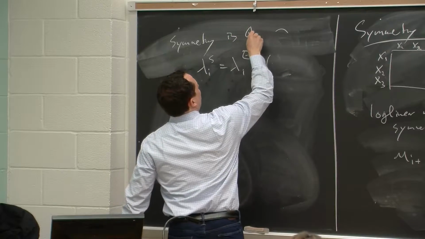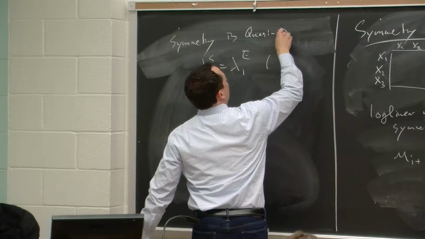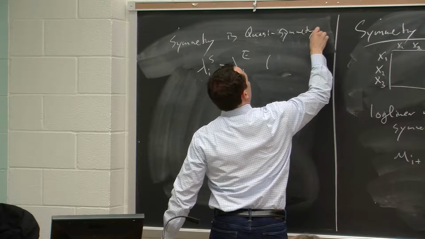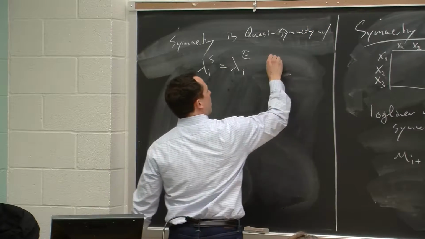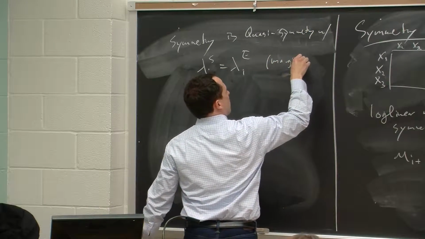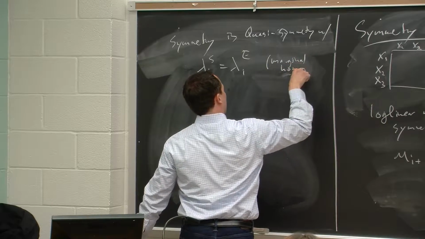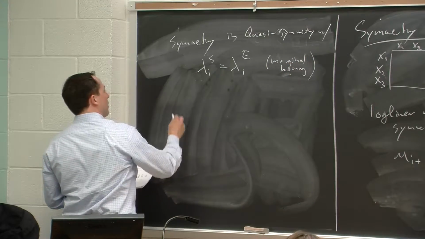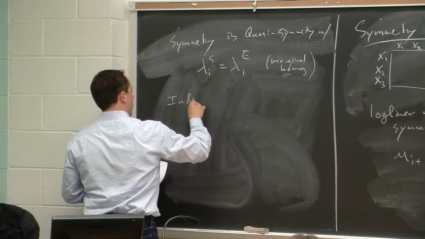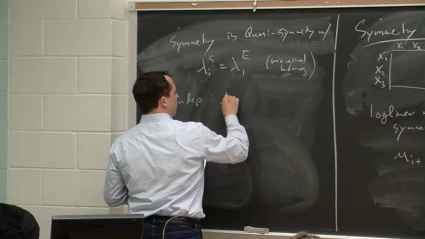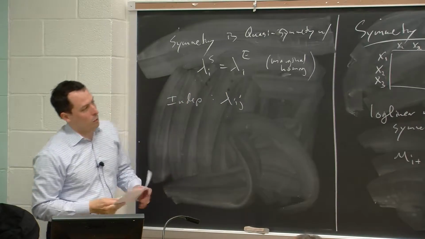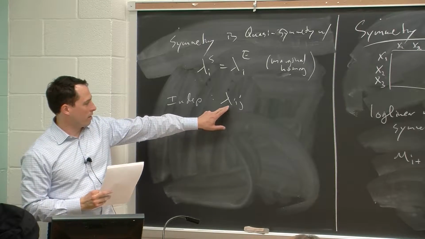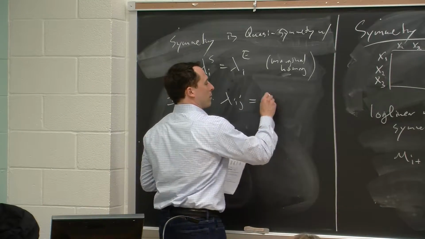So symmetry is quasi-symmetry with the requirement that the marginals are the same. And independence, not the quasi-independence model but the independence model, is just setting these interaction terms to be 0.